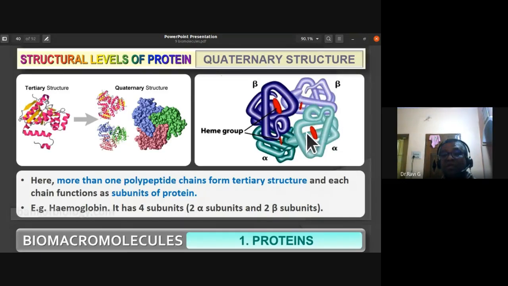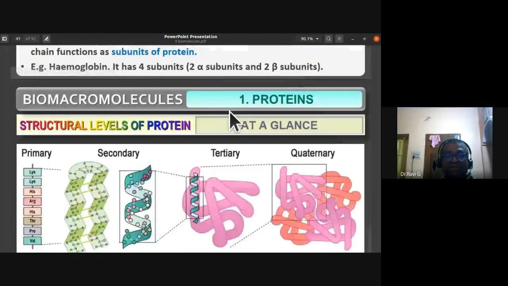Each one of them forms a tertiary structure, and there is more than one tertiary structure in hemoglobin, forming the subunits of the protein. That is the quaternary structure of proteins.